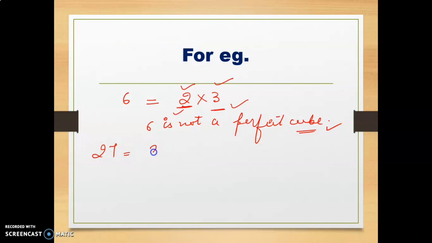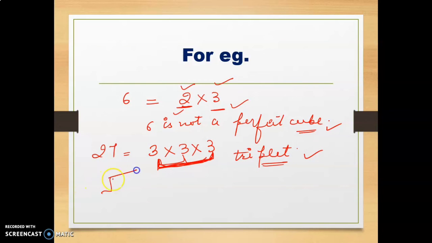If I factorize it, 3 threes are 9, 3 nines are 27. When I factorize 27, I get the factors 3 into 3 into 3. I can arrange this in a group, making a triplet. Yes, I can make a group of 3 numbers. So 27 is a perfect cube. Now the cube root of 27 is 3. Why? Because you can represent it as 3 raised to the power 3.